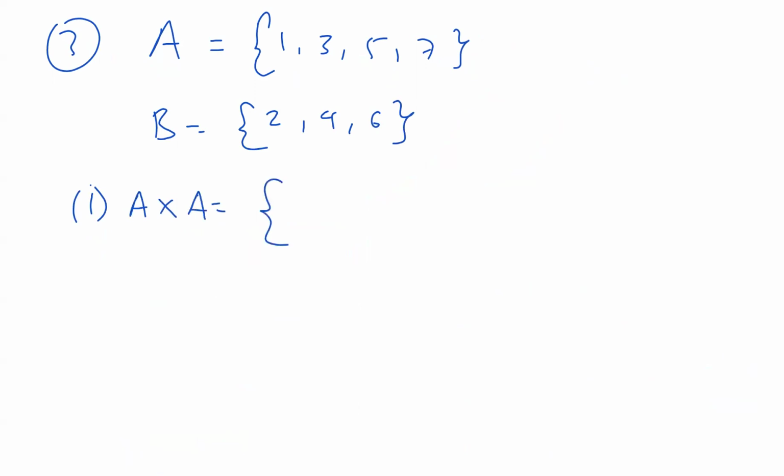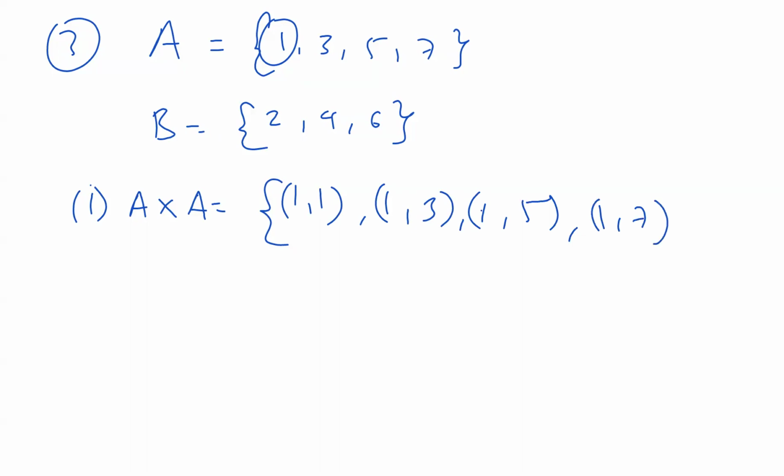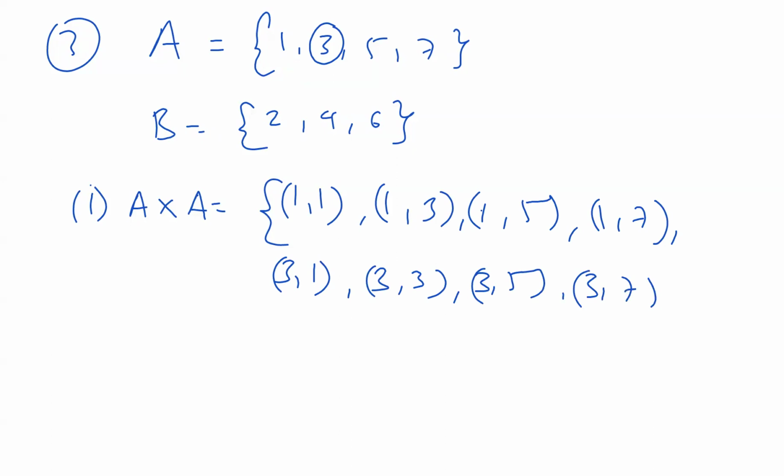Okay, so 1 along with itself, then 1 along with the rest of the objects in set A. Okay, so that was for 1. Then 3 with all the objects of set A itself. So 3, 1, 3 with itself, 3 with 5, 3 with 7. Okay, then 5 with 1, 5 with 3, 5 with itself, 5 with 7.